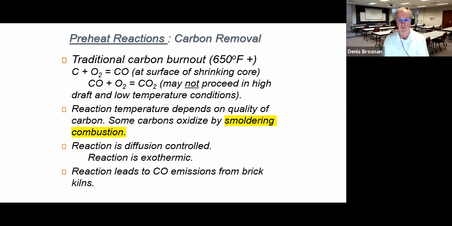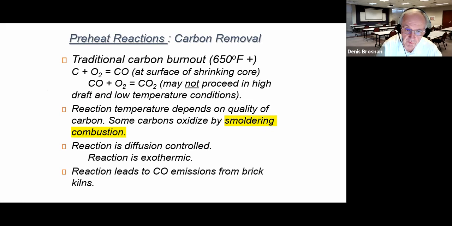Now, we haven't gotten to quartz yet, but it's important that we talk about carbon removal. And traditional carbon removal is by burnout. Okay, burnout means that we require a few hundred degrees Fahrenheit to oxidize the carbon.